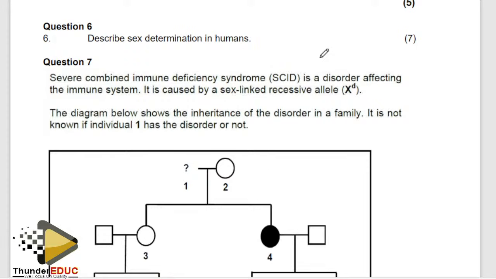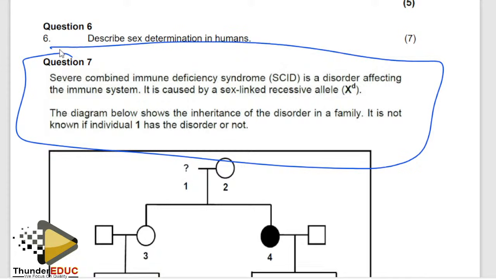How do I differentiate between the two? For sex linked, they will mention that it is a sex linked disorder. Always read what is on top here. Is it clear? Make sure that you read it.